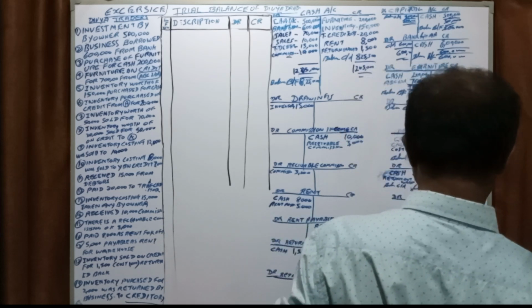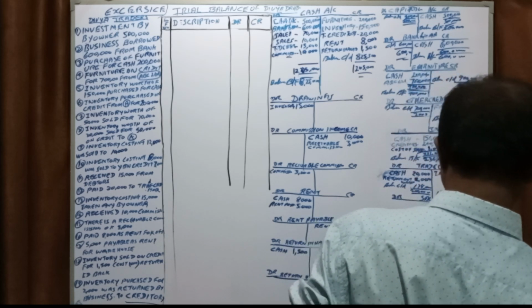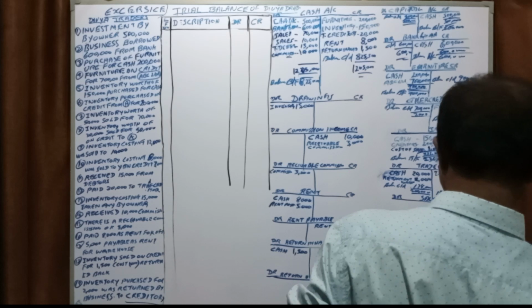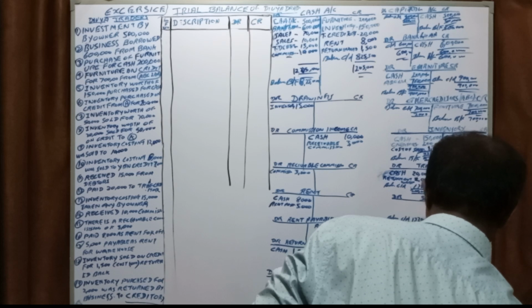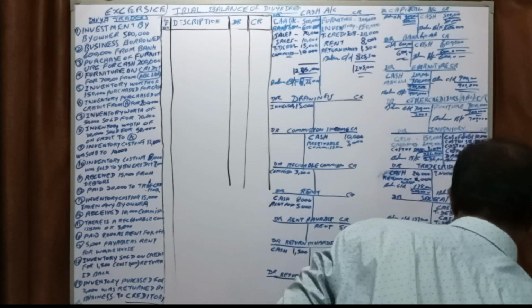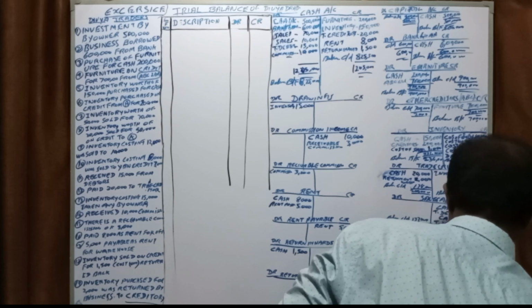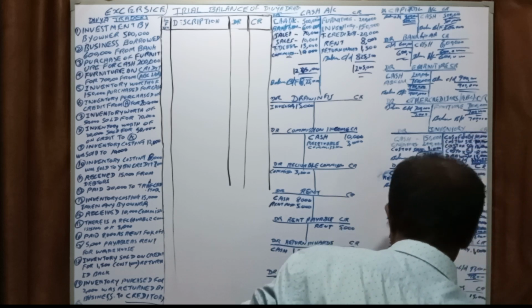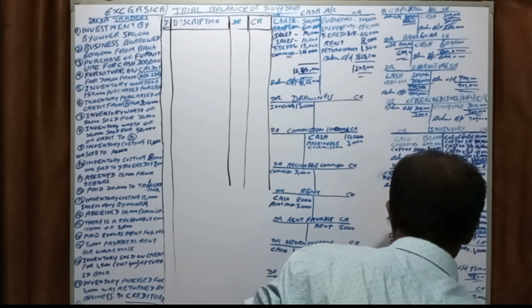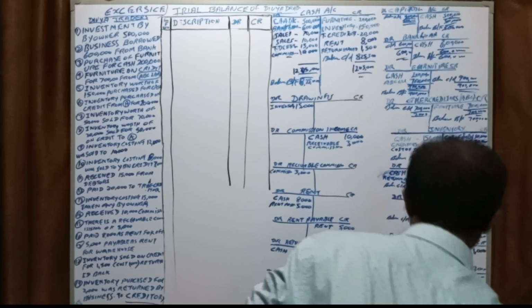Here we'll say 50, 30, 80 and inventory 10, 30, 30, 80, 90, 98,000. Here say 98,000. Balance carried down 97,000. Balance brought forward 97,000.